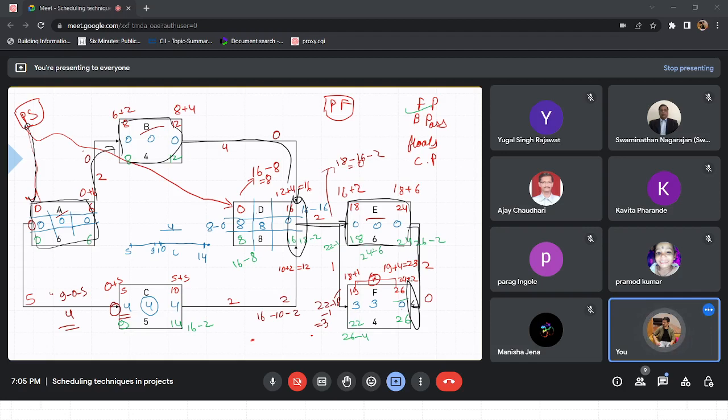In case of D, we have some leeway in starting activity D, but we have to finish it on time so that the project doesn't get affected. So the path will flow from activity A to activity B to end of activity D, then to start of activity E, its execution, and end of activity E to the end of activity F. So you can see the flow is complete here.